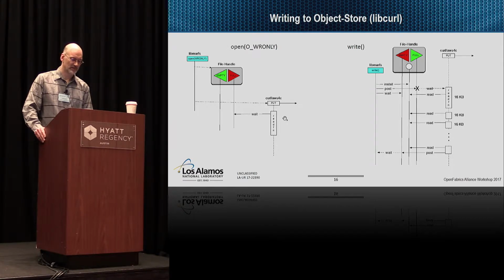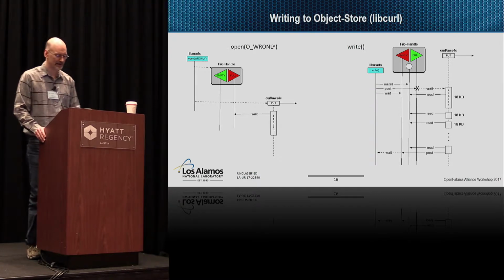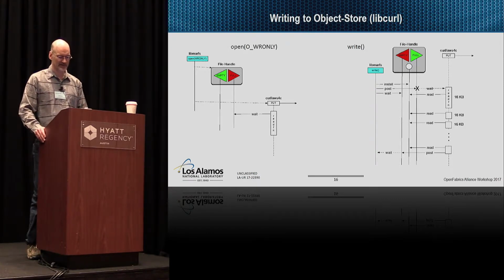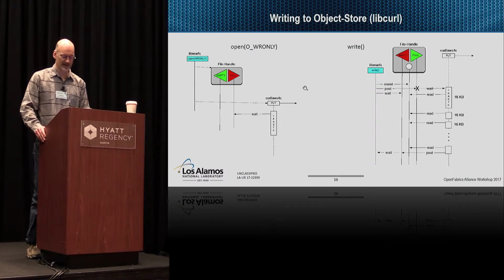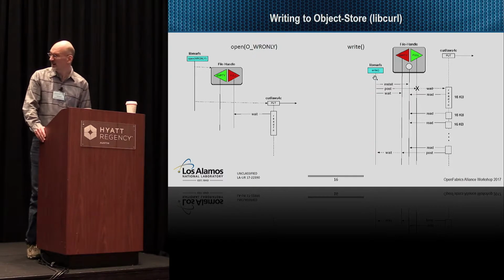That's a libcurl put operation basically, and there's a callback to a read function that blocks waiting on a lock in the file handle. We actually defer that put stream creation until the first write anymore, but this was the original way it worked. So a write then comes along.